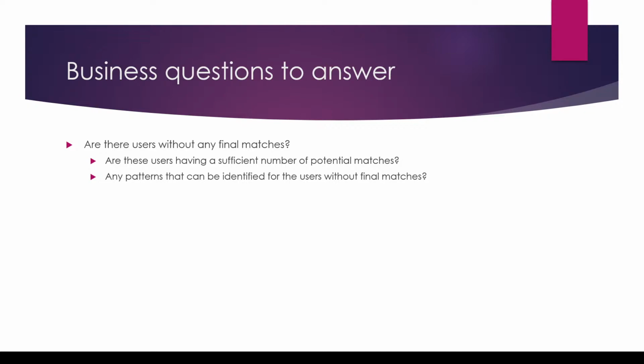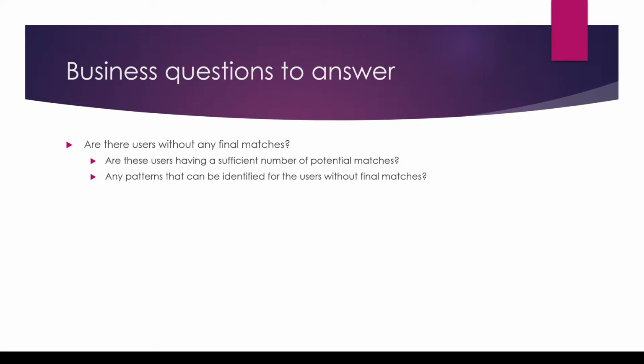But what if there are slightly tougher questions? The next question they might ask is, do users have a sufficient number of potential matches? This might mean not only looking at final matches, but also potential matches. So you'll have to look up the potential matches table and see if we are able to provide a sufficient number of potential matches for all users that don't have a final match right now.